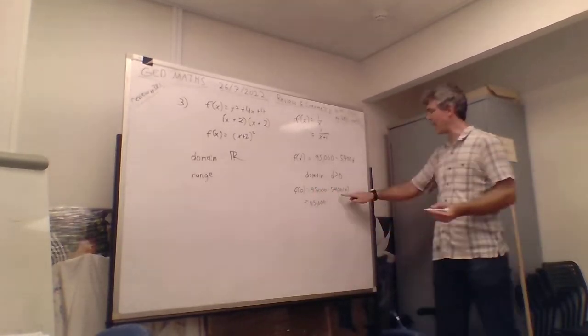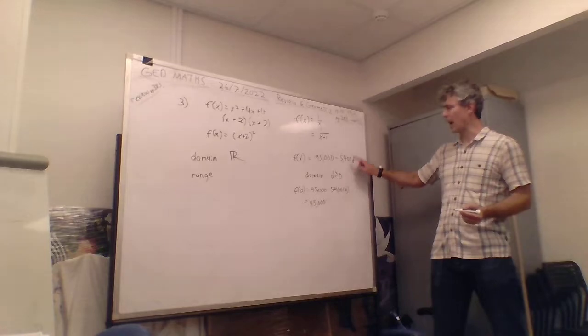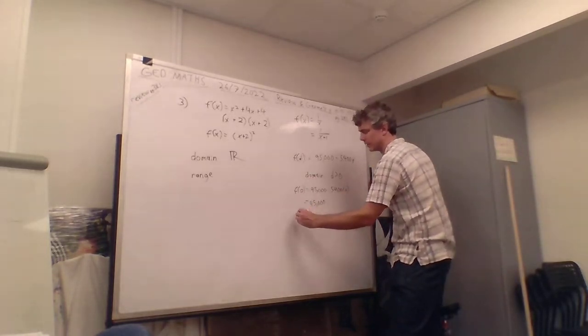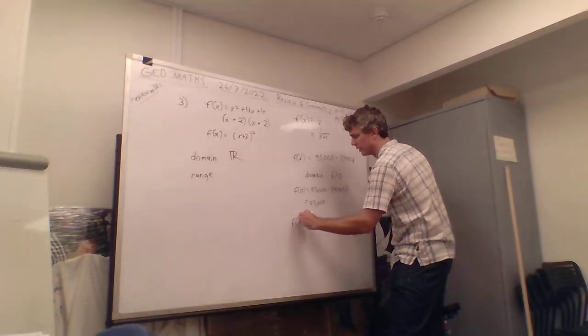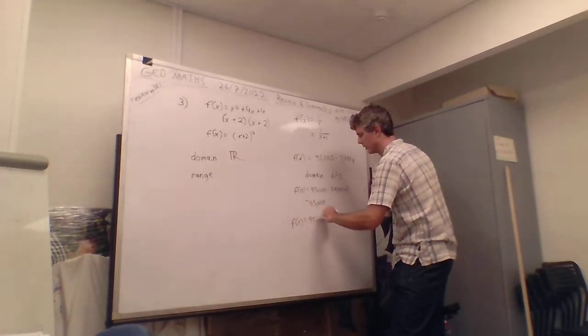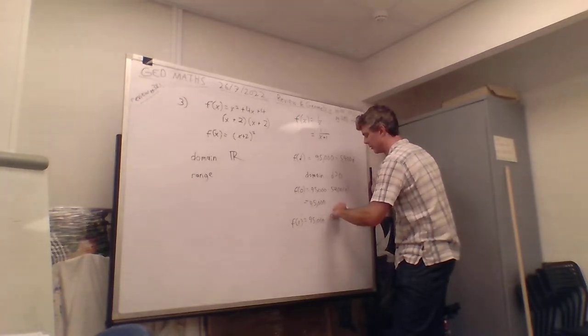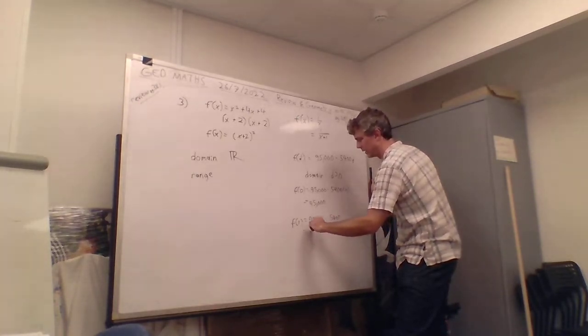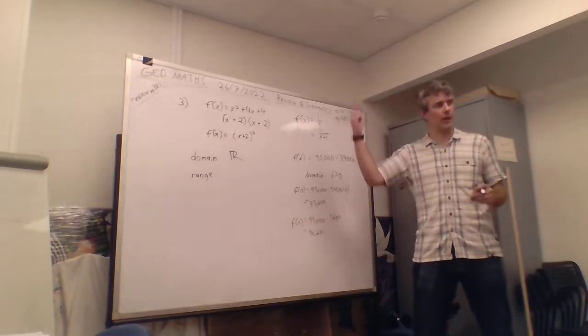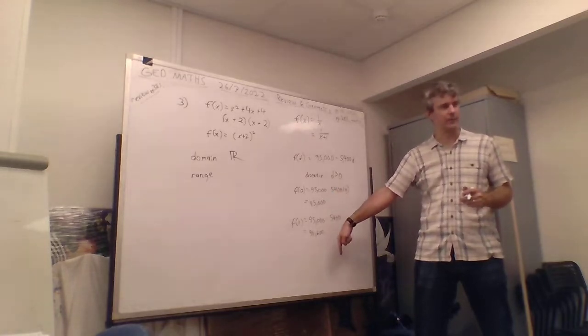Because I'm subtracting, and d is going up, the next one I'm not allowed to go negative. So we can try f of 1, which equals 95,000 minus 5,400, which equals 90,600.